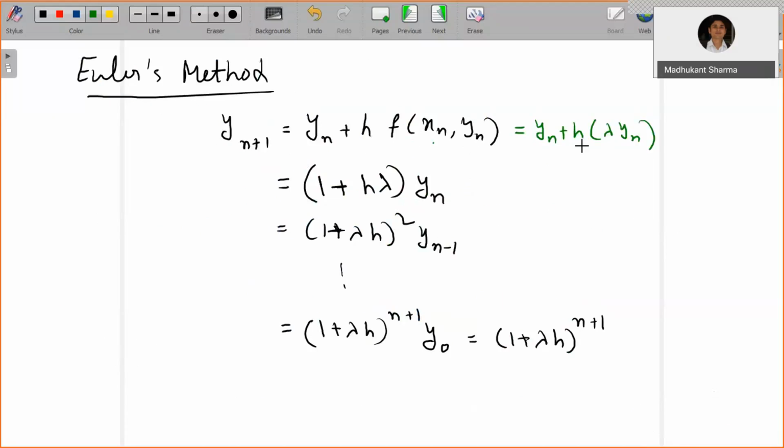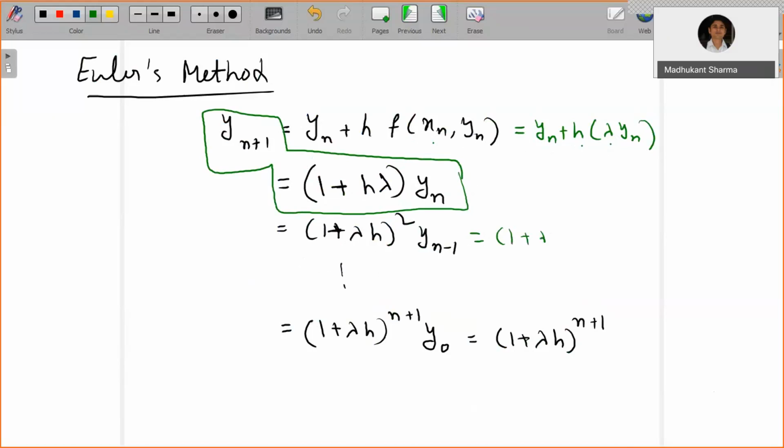So yn plus h times lambda yn is going to be (1 plus h lambda) yn. Now use this relation as a recurrence relation between yn plus 1 and yn, and keep applying it. The next is going to be (1 plus lambda h) squared yn minus 1, the next will be (1 plus lambda h) to the power 3 times yn minus 2, and so on.